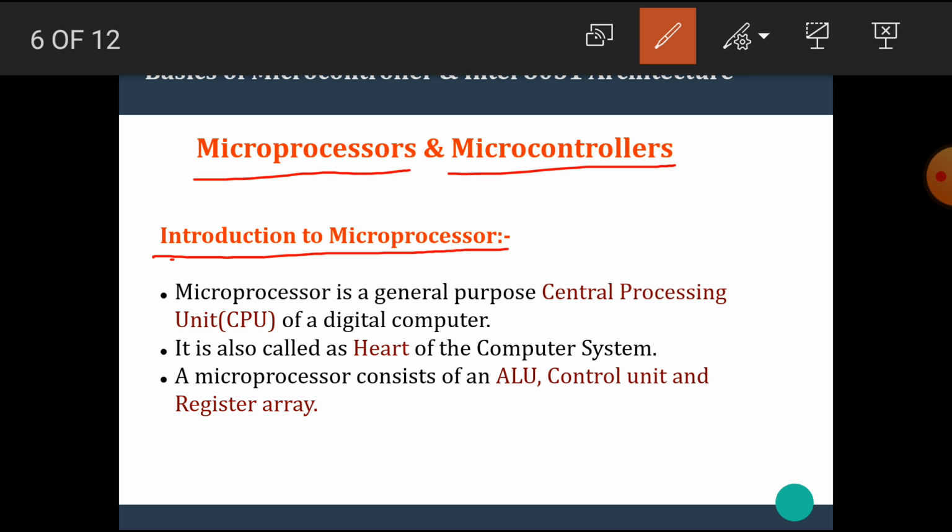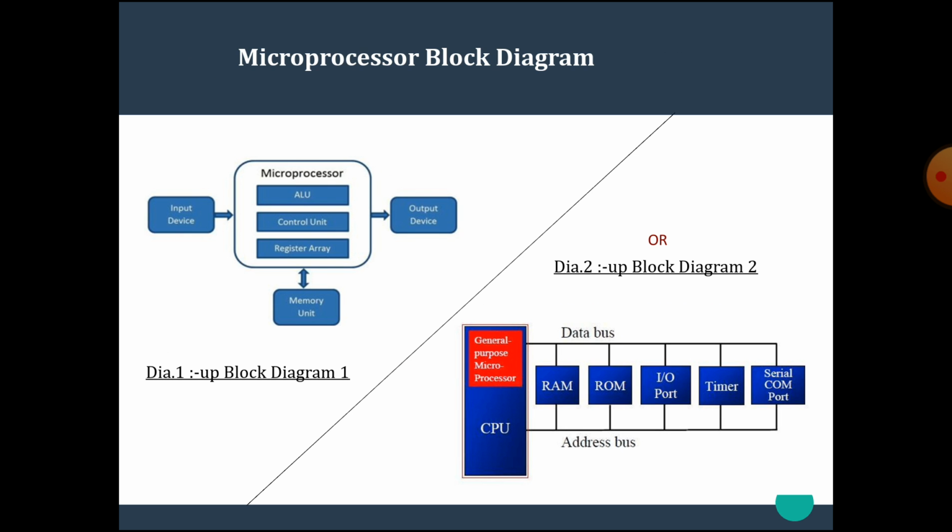Microprocessor is a general purpose central processing unit, that is CPU, of a digital computer. It is also called the heart of the computer system. A microprocessor consists of an ALU, control unit, and register array. The block diagram of microprocessor is shown here.